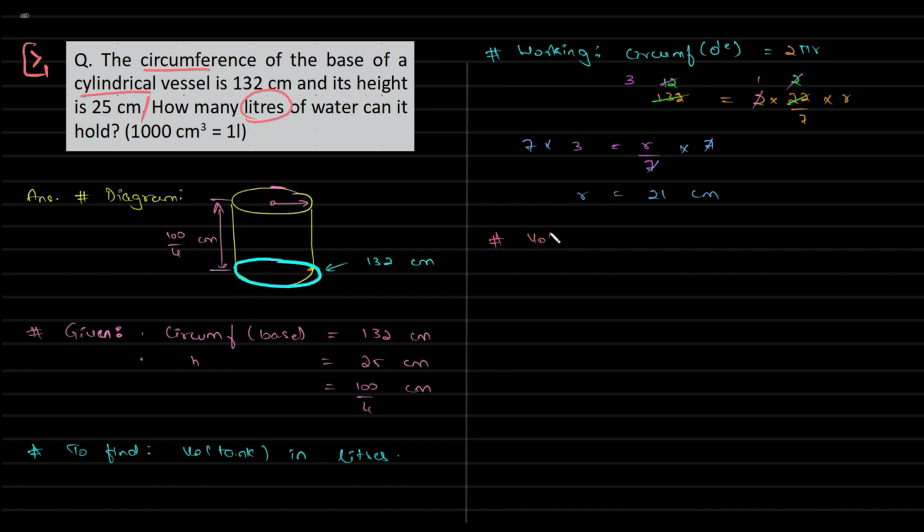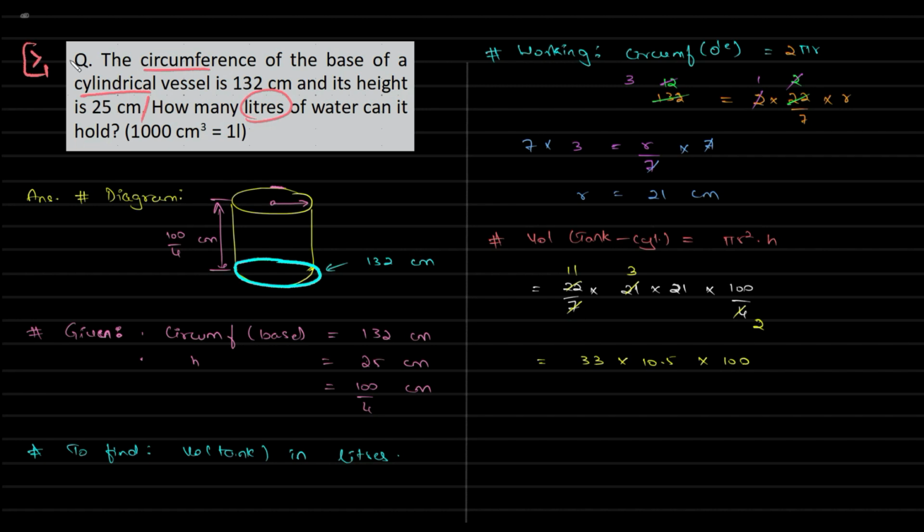And now, the volume of the tank, which is a cylinder. This is given by the area of the circle into the height. And this is 22 by 7 into the radius, which is 21 into 21 into the height. Okay, so now it's just a matter of calculating. 7 1s are 7, 7 3s are 21, so this is 33 into 10.5 into 100.